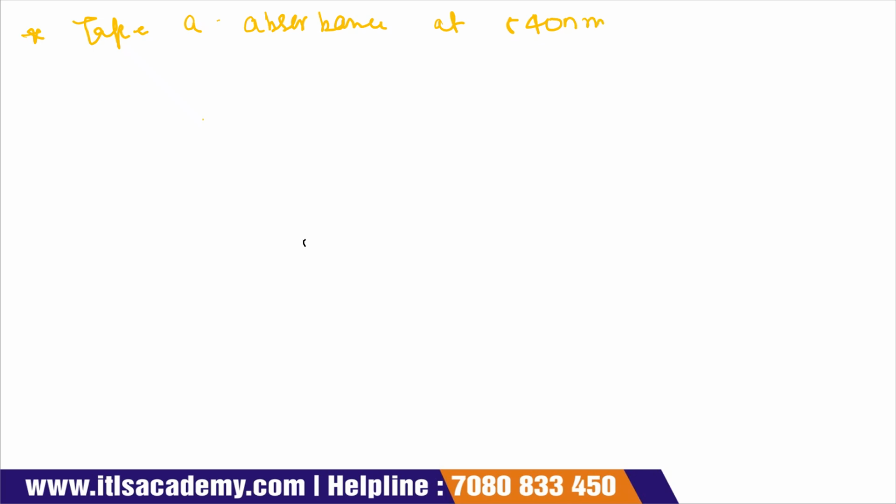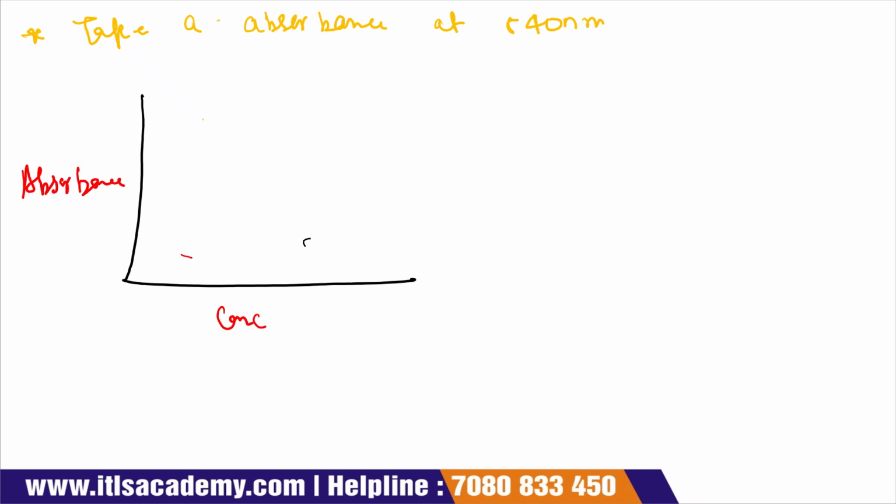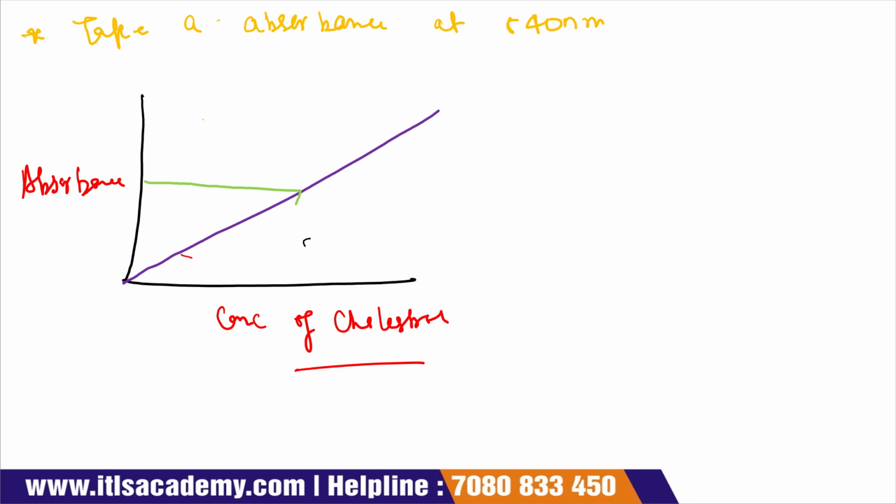Then draw a graph between the absorbance and the concentration of cholesterol. You get a straight line, and the concentrations of the samples lie in between this. By this, you calculate the result. So this is how we perform the estimation of cholesterol in a given food sample.